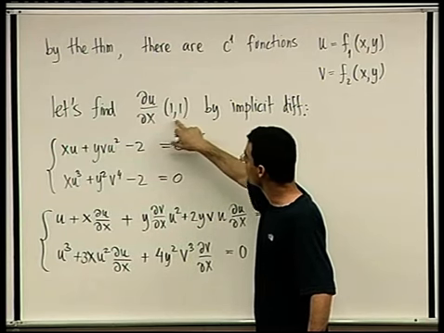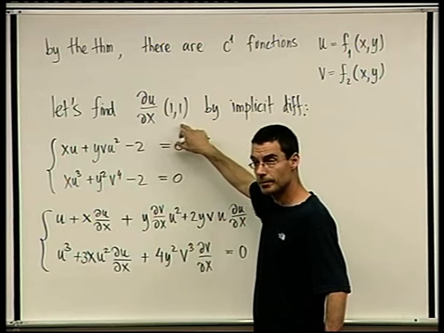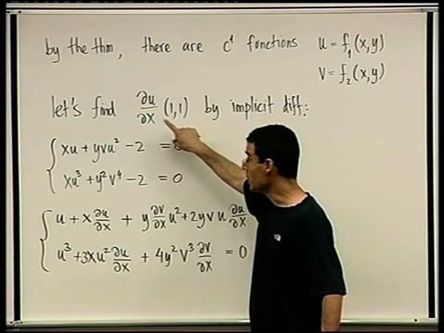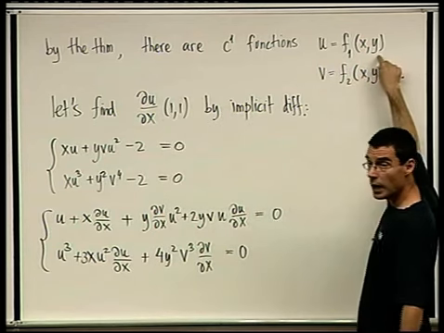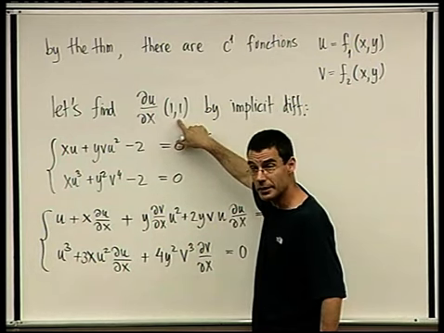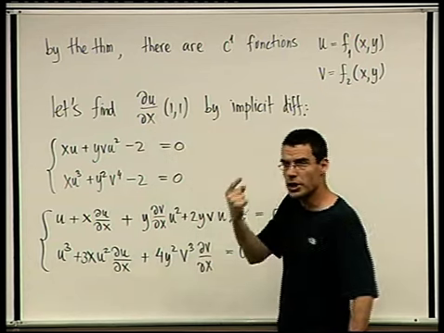What are these variables? Which variables are they? U is a function of x and y. So this one is x and this one is y. Do you agree? When x is 1 and y is 1, what are u and v?